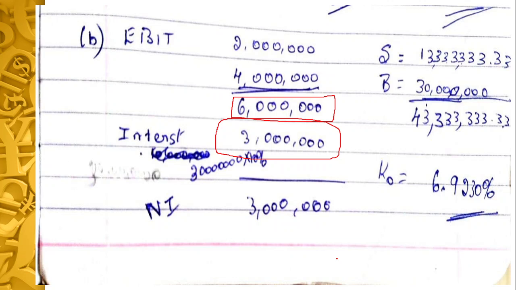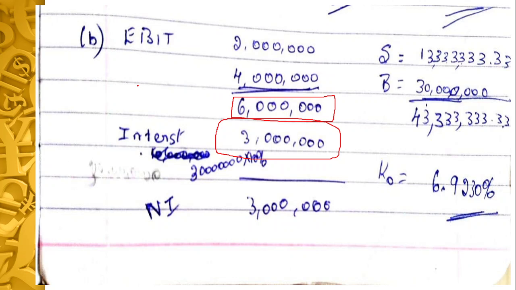Now, if you wanted, you can also take into consideration another way where you will not add this 2 million EBIT, but whatever you do, you will have to give a working note.